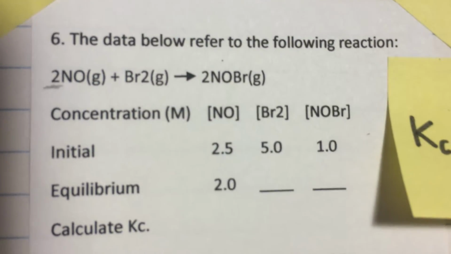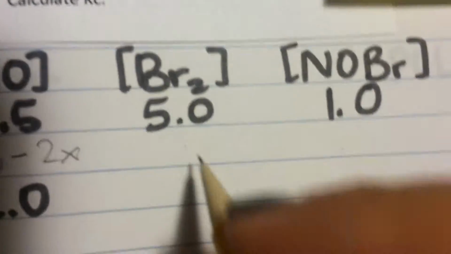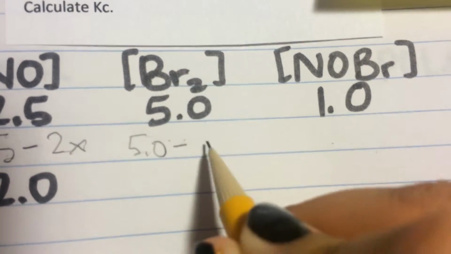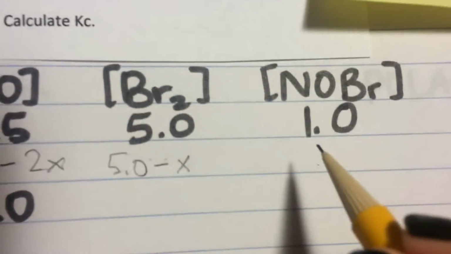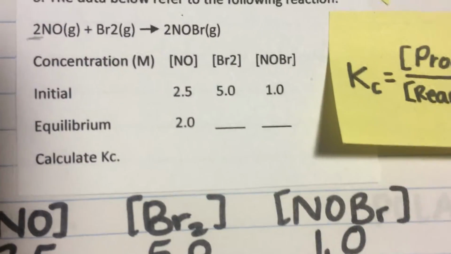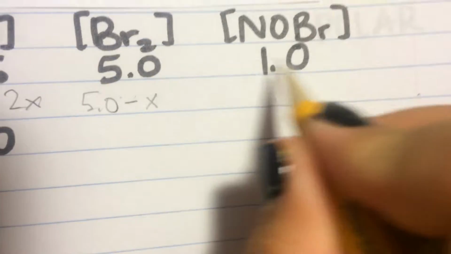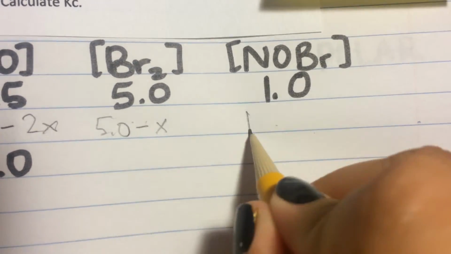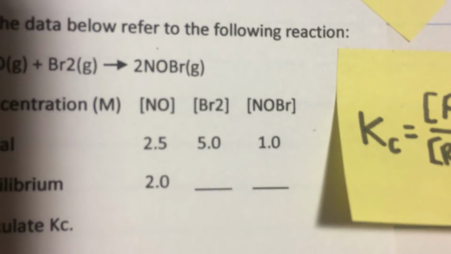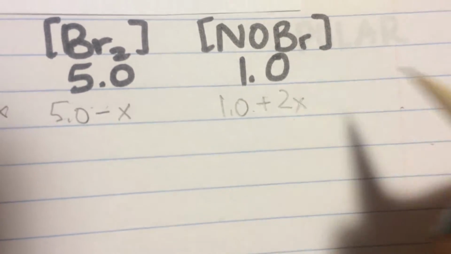And then for bromine, we're going to have just 1, so it's 5 minus 1x. Whatever is lost is going to be gained by the nitrosyl bromide. So we're going to have 1.0 plus, and it has a coefficient of 2, so we're going to put 2x.